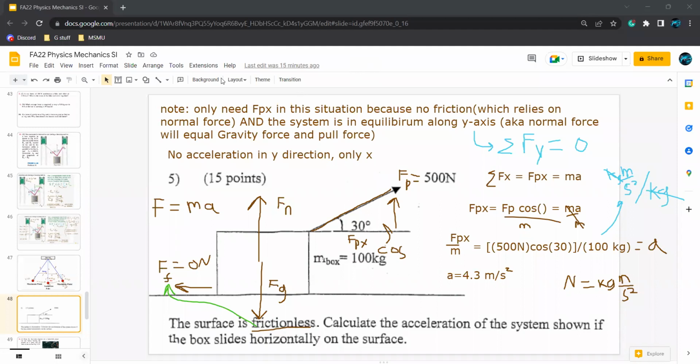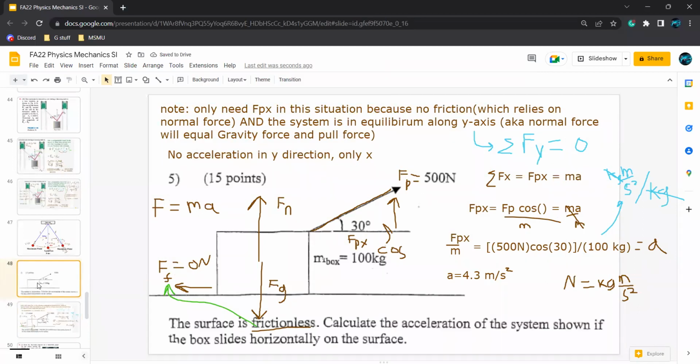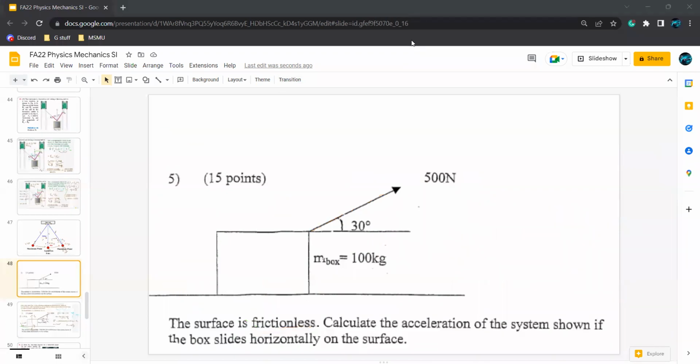Also, it helps me keep track of what we've done. Cool. And then I think that's all I'm going to do for this one, for your drawings.